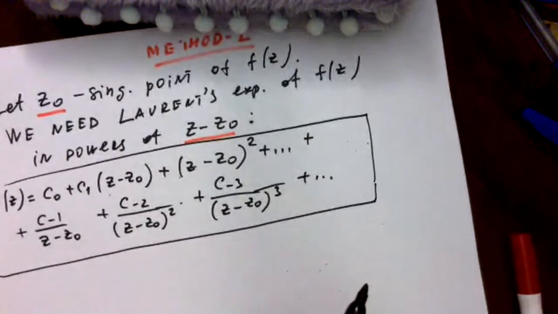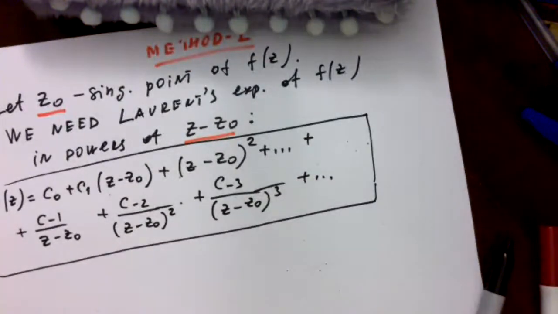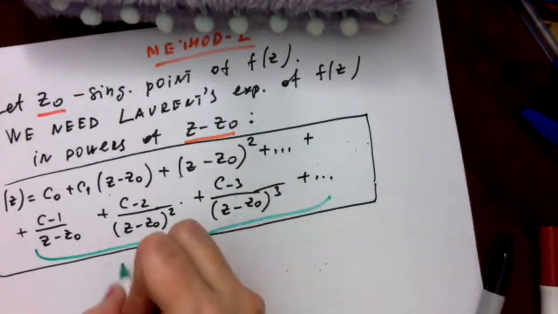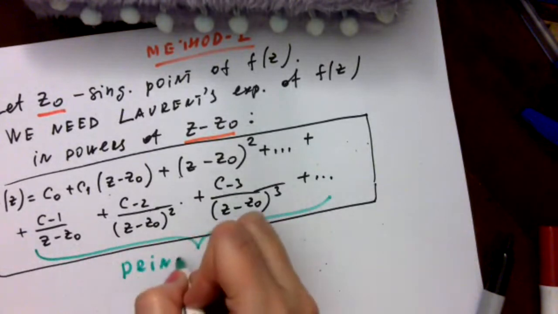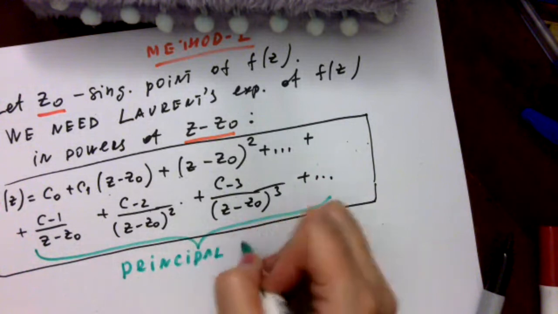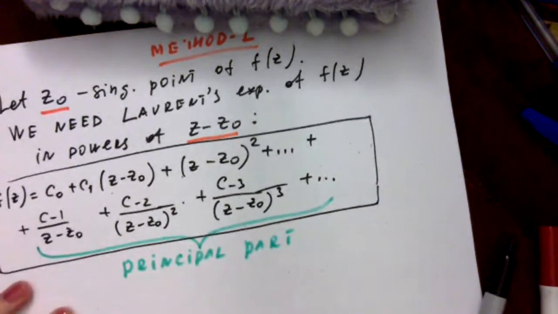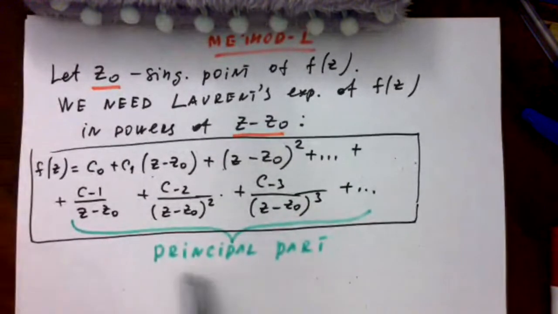What next? And now you need to pay all your attention to the principal part. This is called the principal part, as I told you before. I highlighted this idea to you many times that it's going to be super important, and now this moment has come when the principal part will be super important.